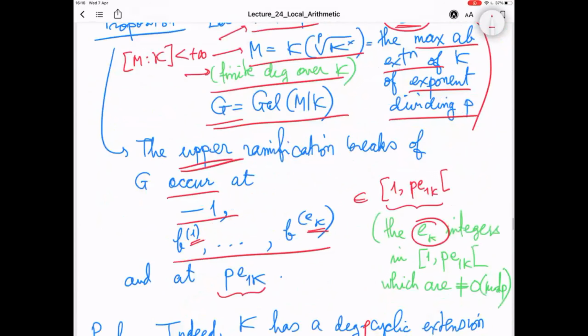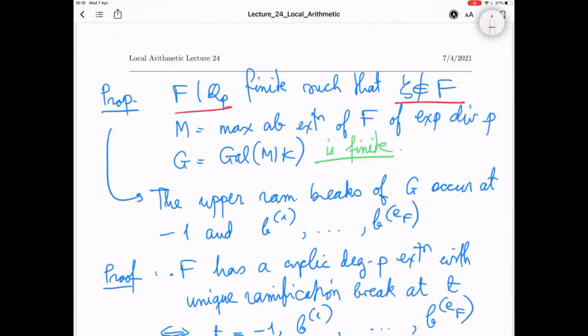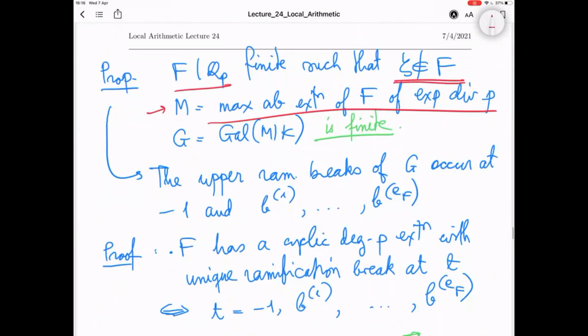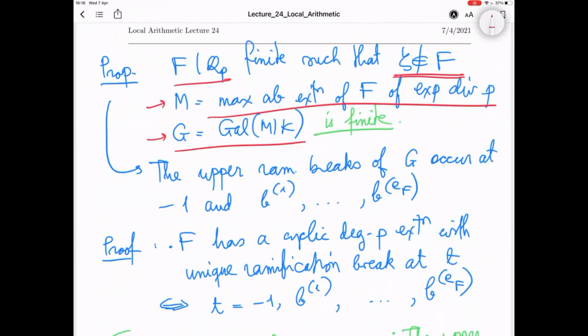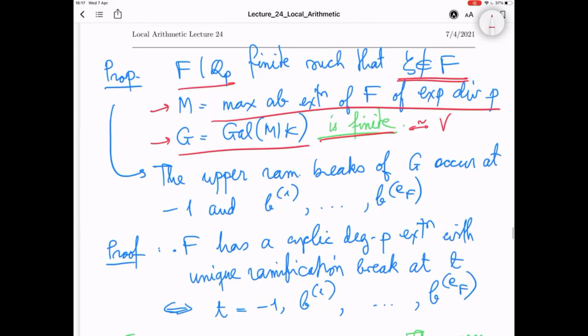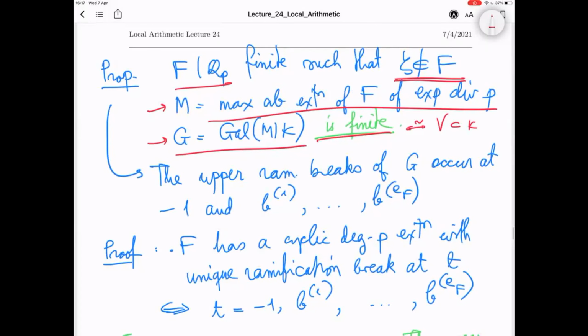Now, if I have an F, which is a finite extension of Q_p, which does not contain zeta, and I take the same maximal abelian extension of exponent dividing p, then of course, still G is a finite group. I mean, it's a Galois extension, and this is still finite because after all, G is in some sense isomorphic, or dual more precisely, to this V, which is a subspace of K star modulo K star to the p, and this is finite.